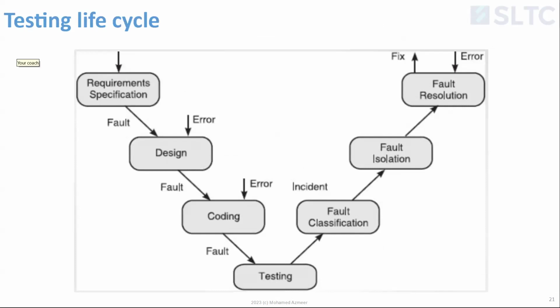Remember this V-shaped SDLC cycle from last week? If you notice carefully, there are two sides, left and right. On the left, we start from requirement spec, design, and coding. These are prime targets to introduce errors: errors in the design spec, errors in the requirement spec, errors in the code.